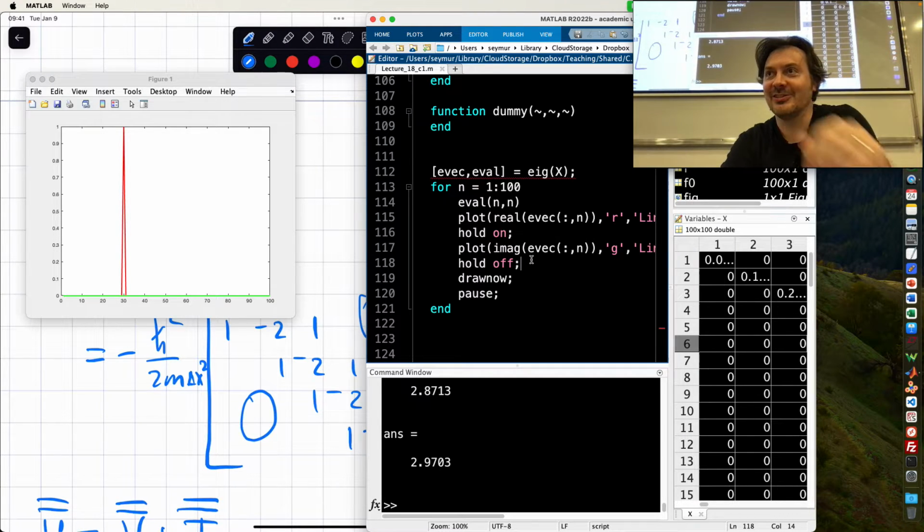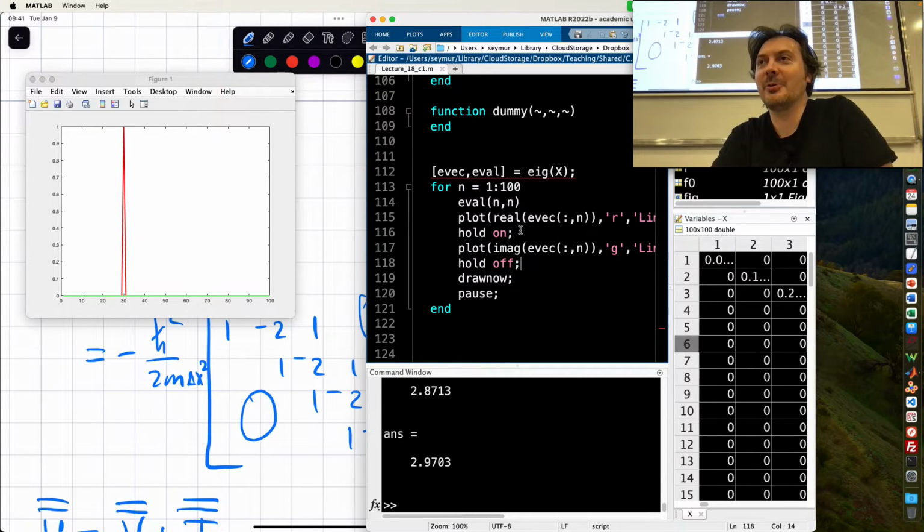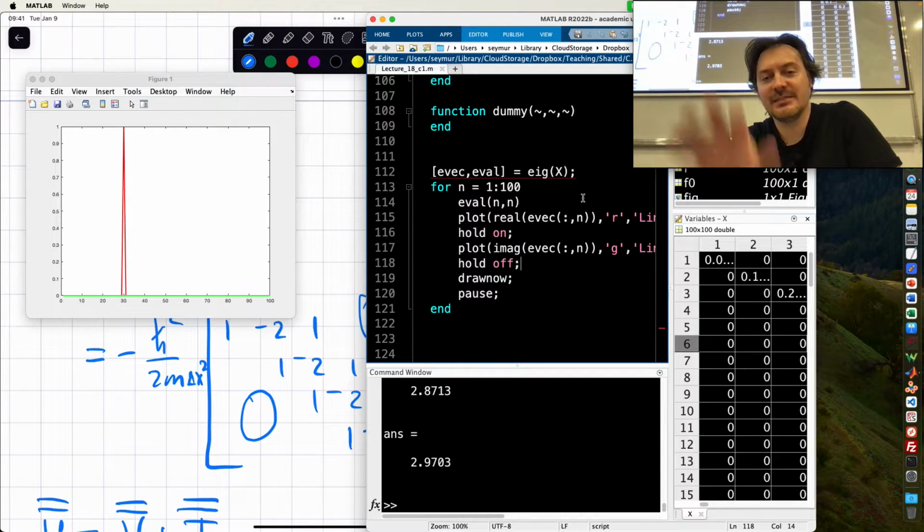That's a dummy function. The only purpose of that one is to be dumb. I will come to that function. I have no idea what it does. It just doesn't work when I don't have that function. You actually explained it in the other class. Yeah, I know.